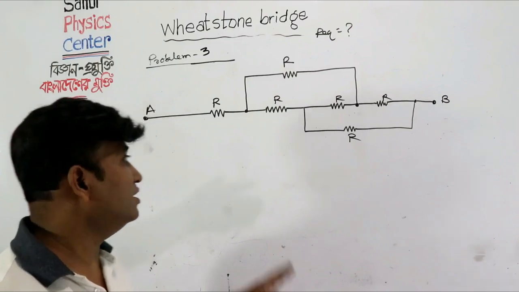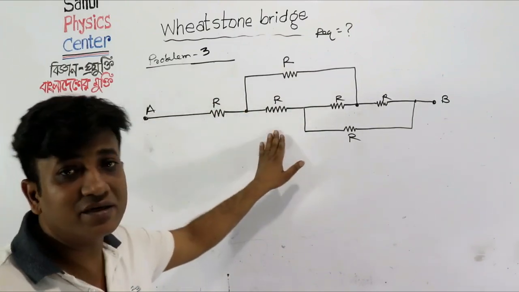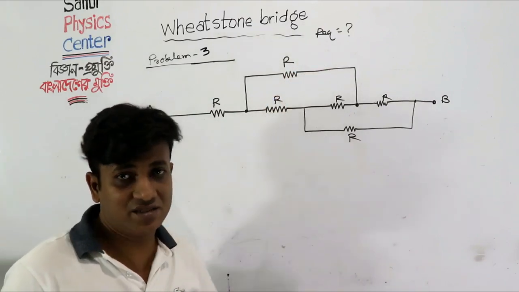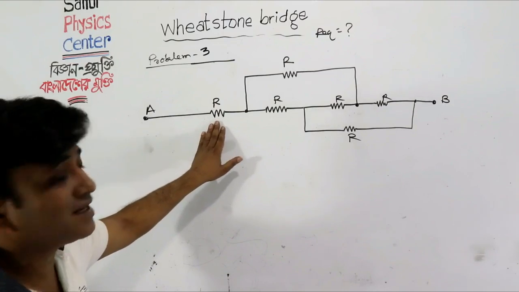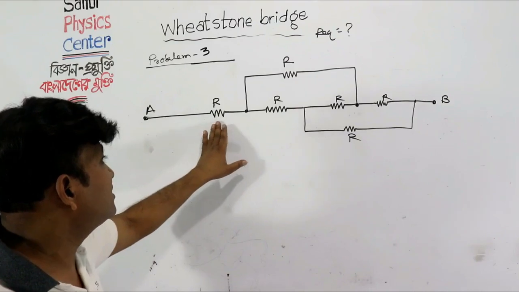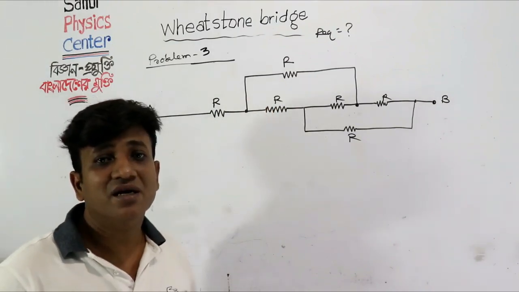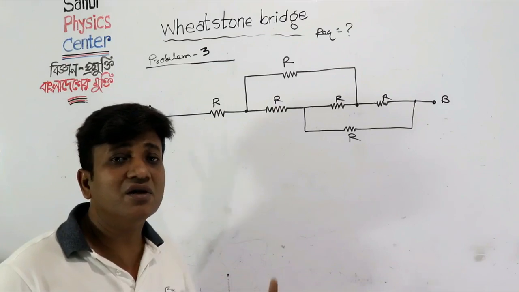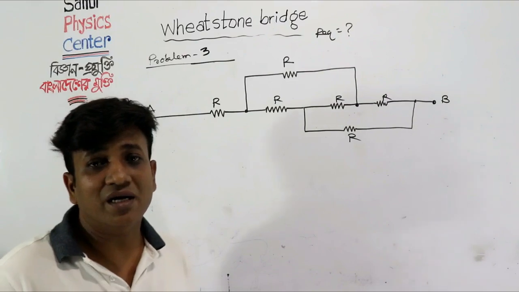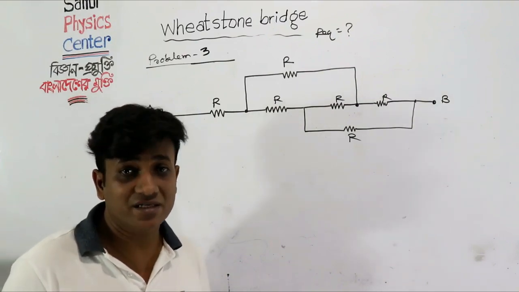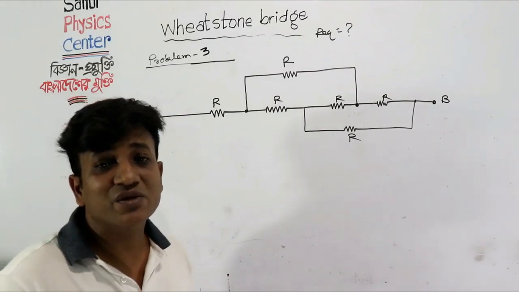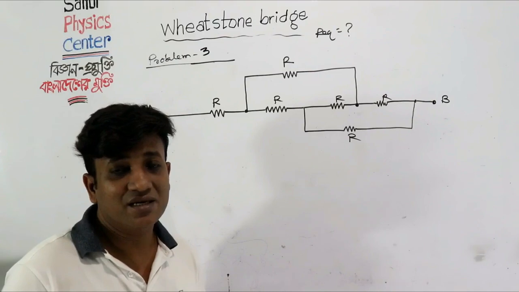Now the problem 3. The circuit is given here. You have to calculate the equivalent resistance of this circuit. If we analyze this circuit, we find these resistances are not connected in series nor in parallel. So how can we calculate the equivalent resistance of this circuit? To get the equivalent resistance, we can rearrange this circuit.